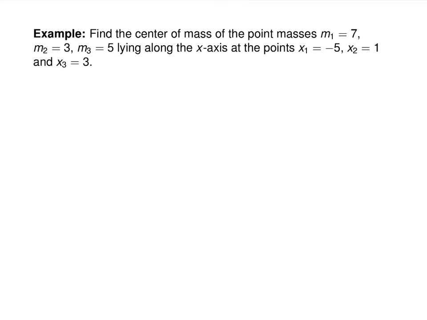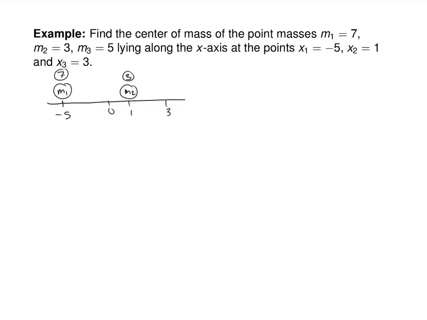Okay, so you have 3 masses lying at the points x1 is -5, x2 is 1, and x3 is 3. So there's -5. At that one we have mass 1, which is 7. At 1, we have mass 2, which is equal to 3.